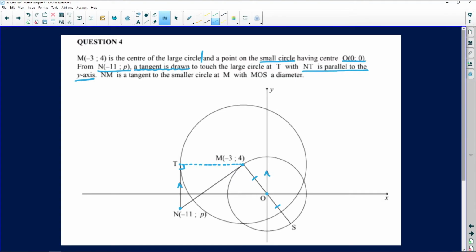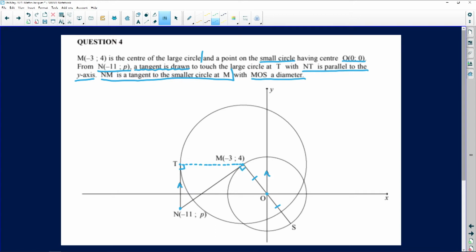Okay, then they say NM. Now remember, we haven't read this yet. Here they say it for the first time. NM is a tangent to the smallest circle at M with MOS the diameter. So MOS is the diameter of the smallest circle. MN is a tangent, so again, we have a right angle there.